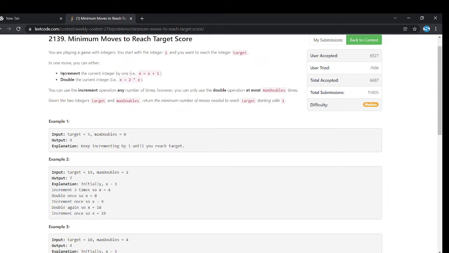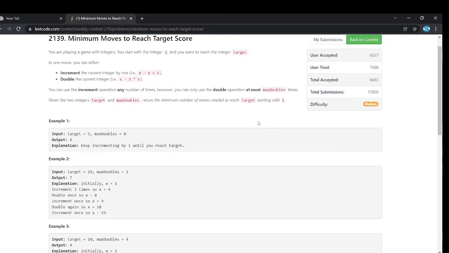The first thing would be to replace the increment operation with the decrement operation. And the second is to replace the double operation with the division operation, since we are going with the backward logic. So double will get replaced with half, and increment will be replaced with decrement.